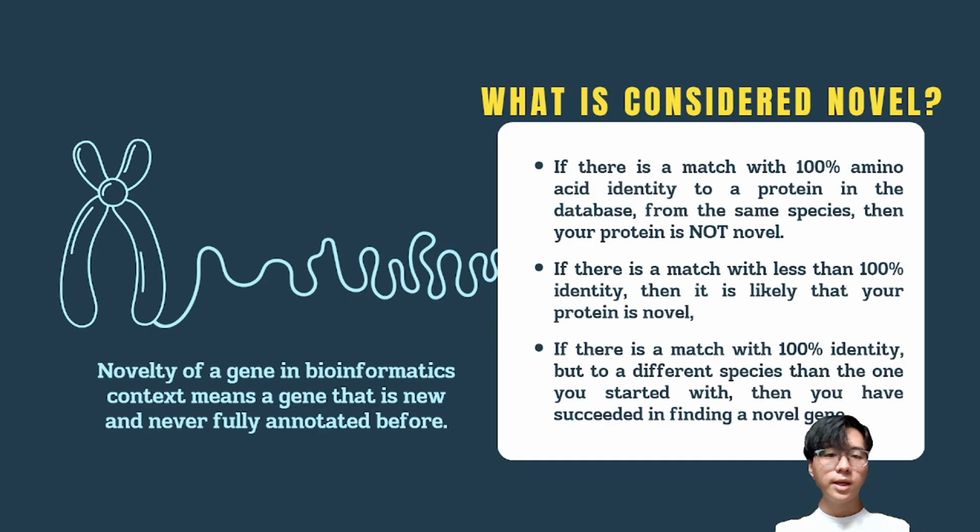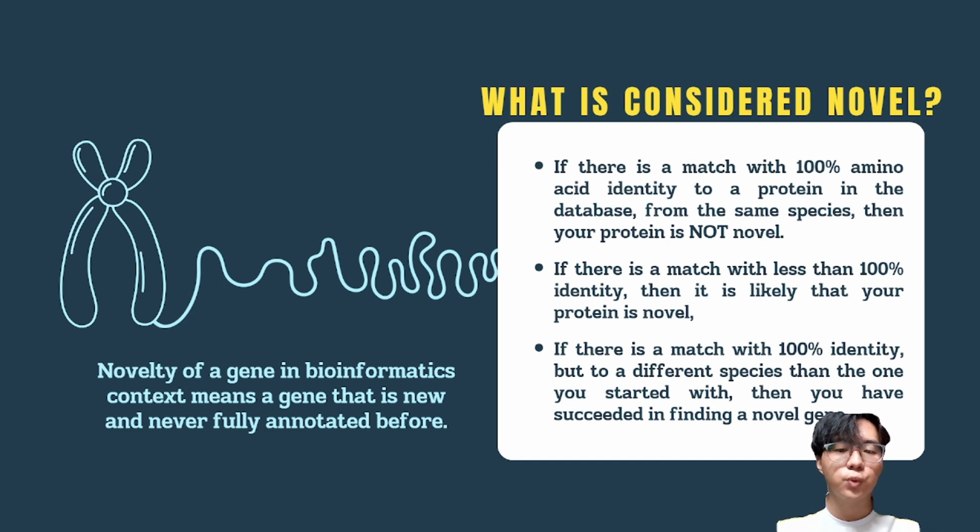Next, we move on to the novelty criteria. To determine whether the gene is truly novel or not, we use the following criteria: if a match is 100% identical to a known gene in the same species, it is not novel. Hence, if it is less than 100% identical or matches a different species, it is considered novel.